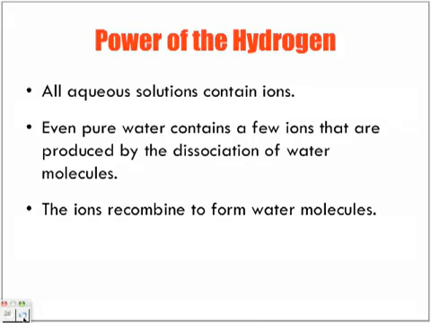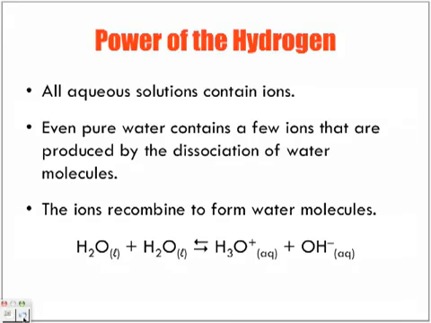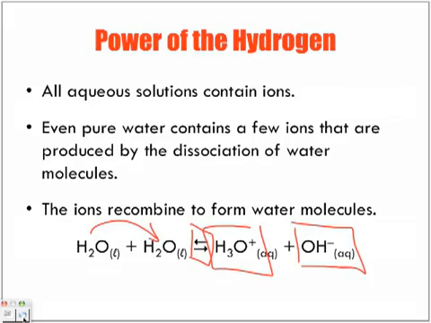So the ions recombine to form actual water molecules. What we have is two water molecules, and notice how it's reversible. A really tiny percentage actually undergo that, where one of them will give off a hydrogen to the other, forming the hydronium ion and the hydroxide ion.